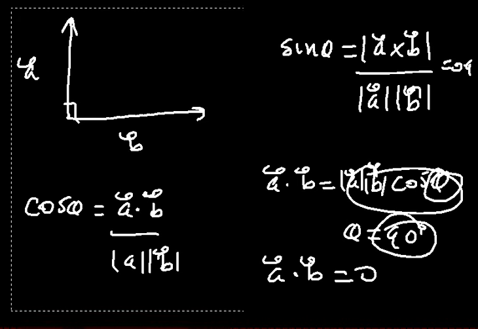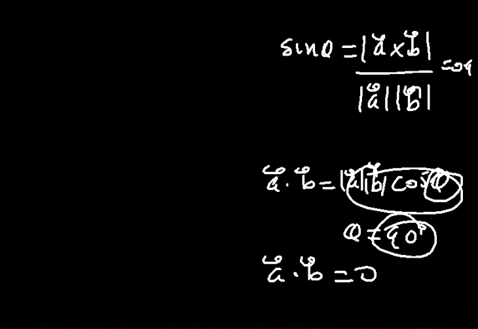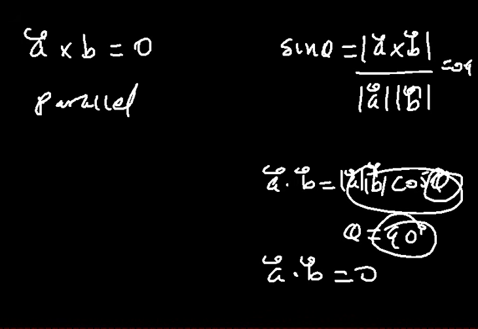In the same way, for parallel vectors, if the cross product of the two vectors is zero, it means the vectors are parallel. If the vectors are parallel, the angle between them is either 0 degrees or 180 degrees.